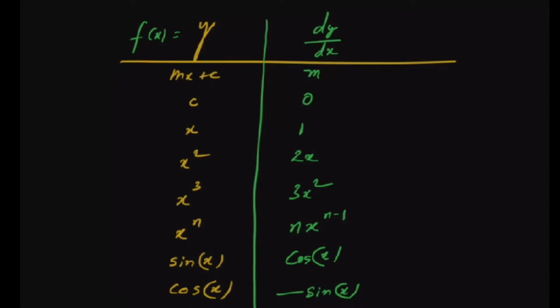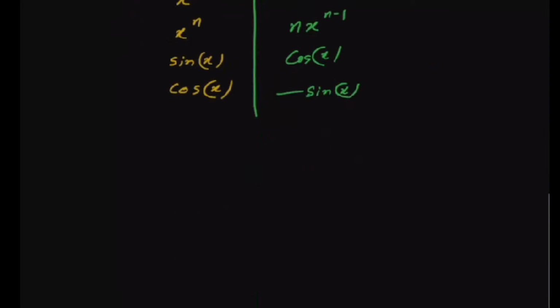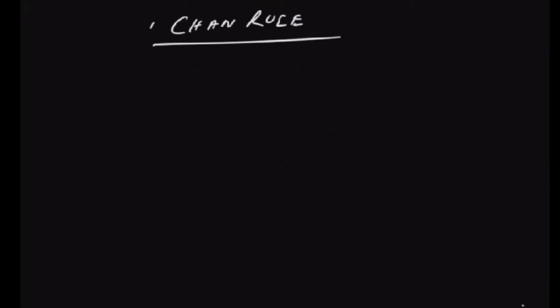So we derived all these, each and every function. And after that, what did we do? We also derived two rules. One was called the chain rule, and the second was the product rule.